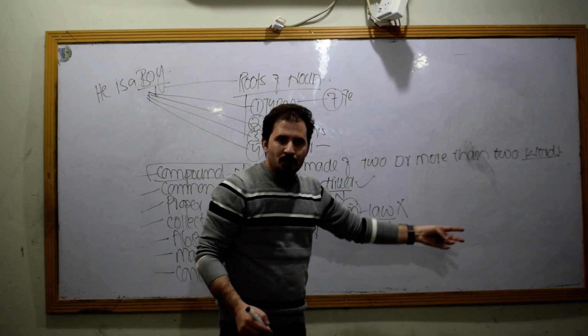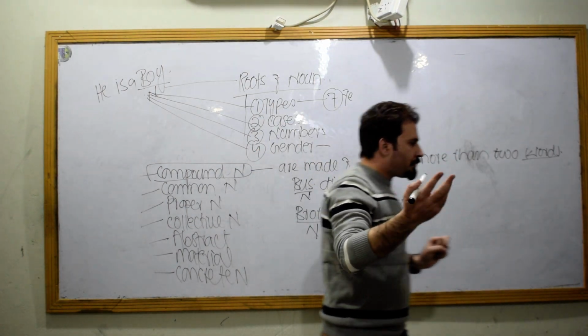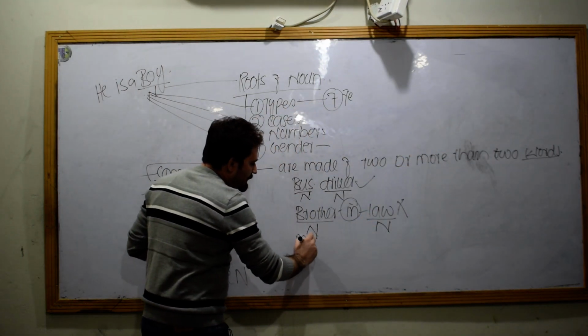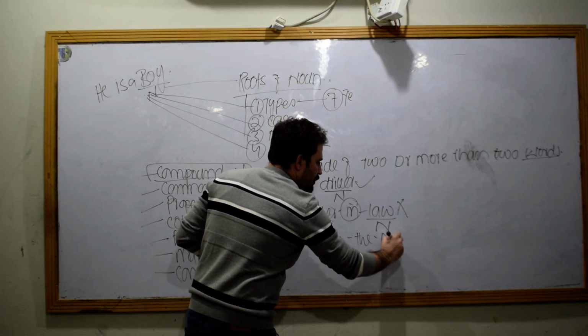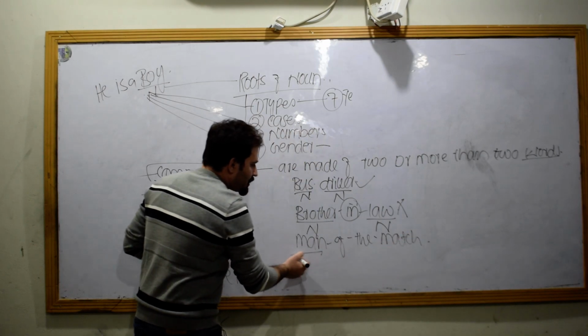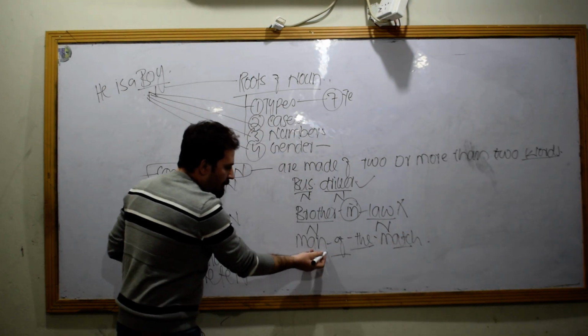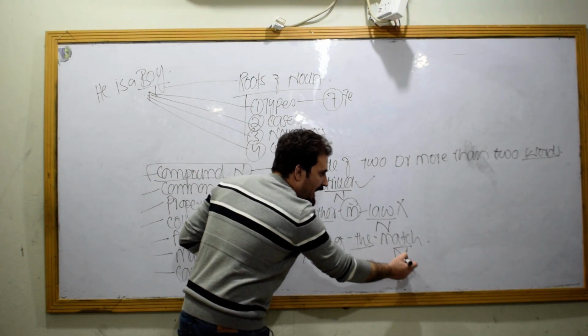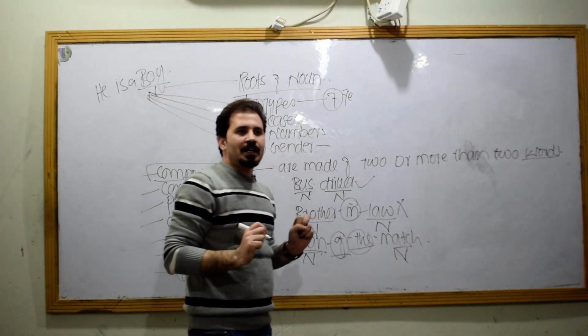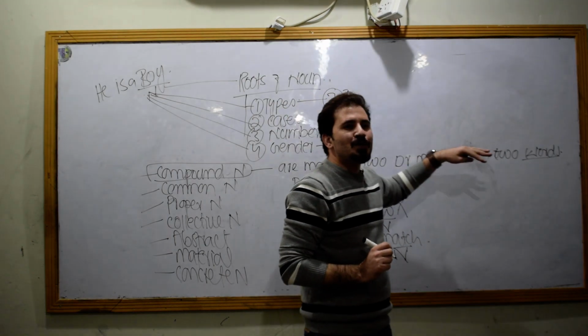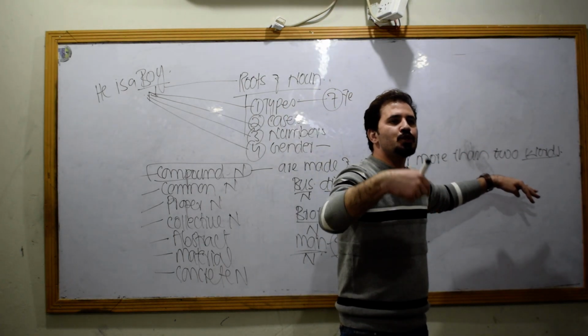Are you getting it? The word is very important. For example, if I say man of the match, how many words do I have? 1, 2, 3, 4. Man is a noun, match is a noun, but these two are not nouns. That's the biggest reason we cannot say that compound nouns are made of two or more than two nouns.